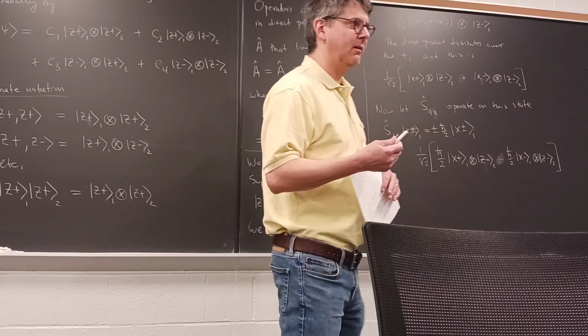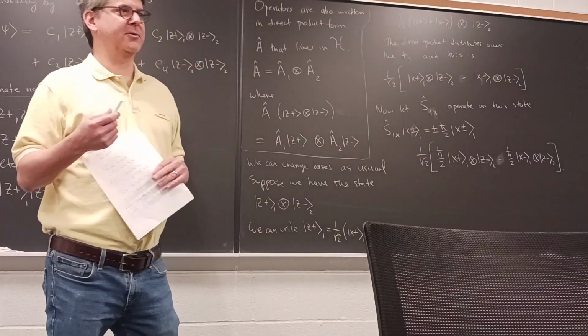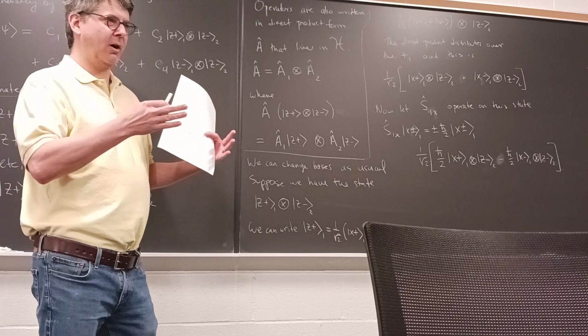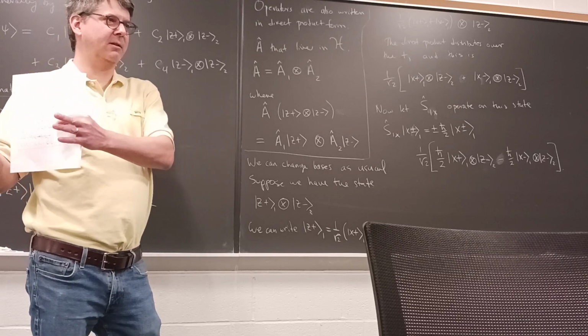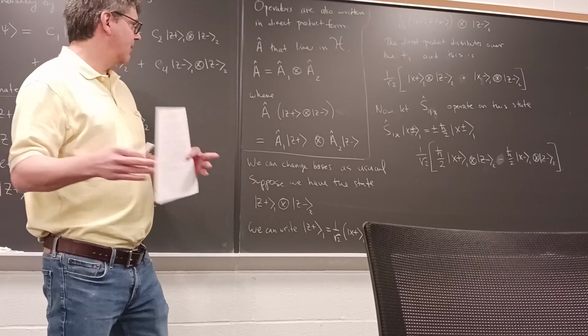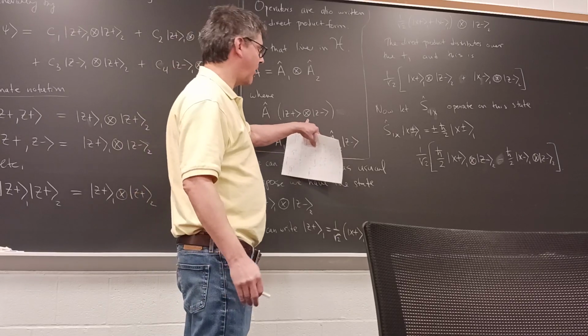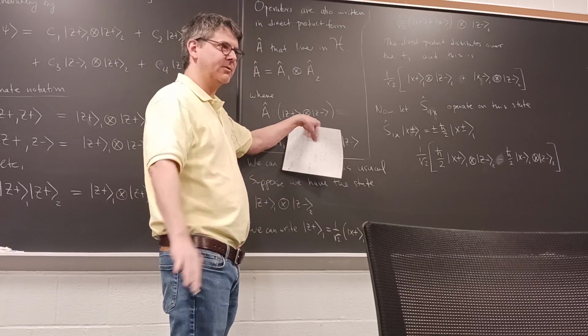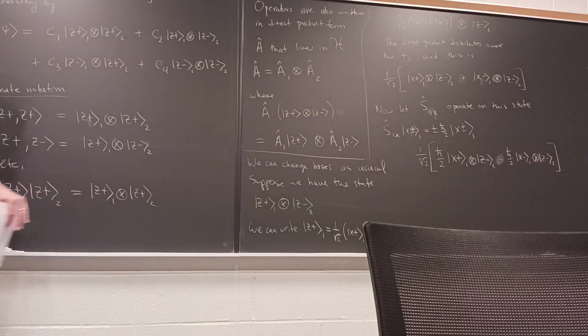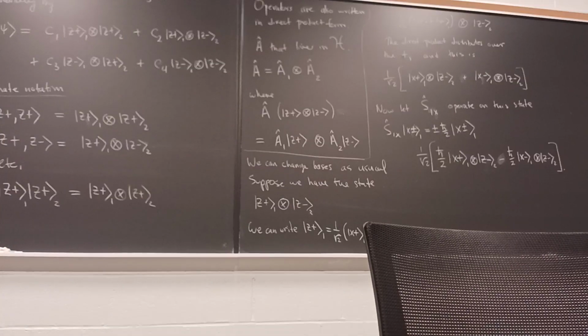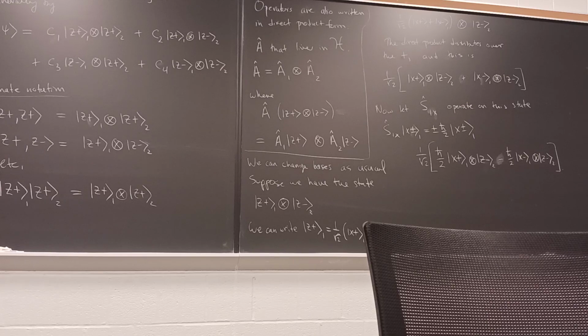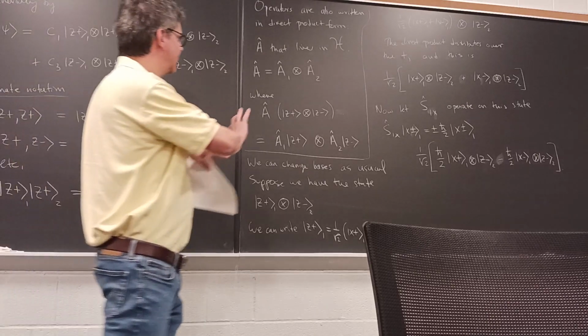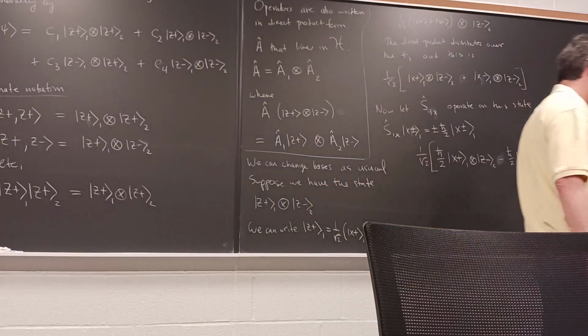And a cross product in a vector space takes you from 2 objects in the vector space to another object in the vector space. This direct product is just meant to indicate that the Hilbert spaces are separate. There's nothing more to it. There's not an operation really. It's really just to separate them out. I see.